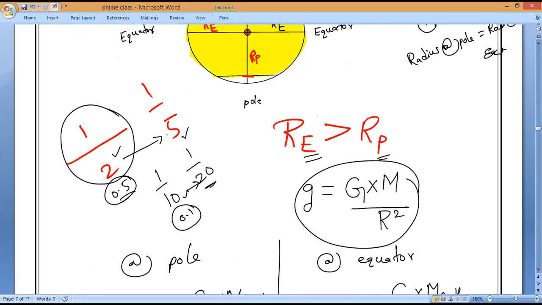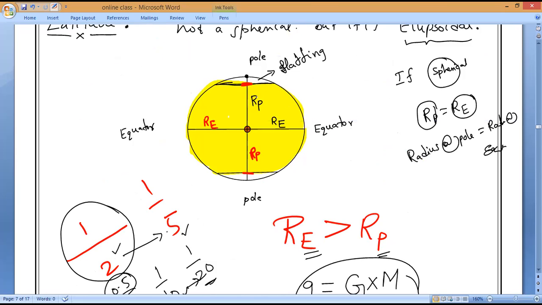We are considering the radius at the poles as RP and the radius at the equator as RE. As we all know, the Earth is not a perfect spherical shape. It has a flattened surface at the poles, so the radius at the poles is less than the radius at the equator.